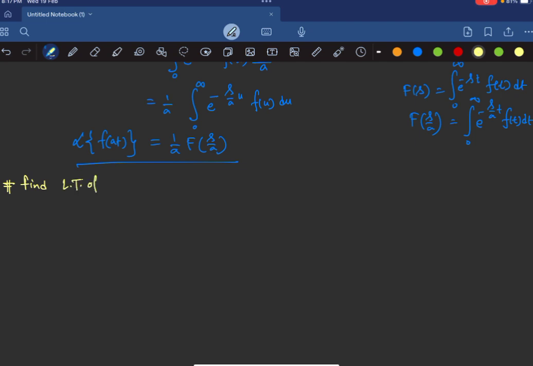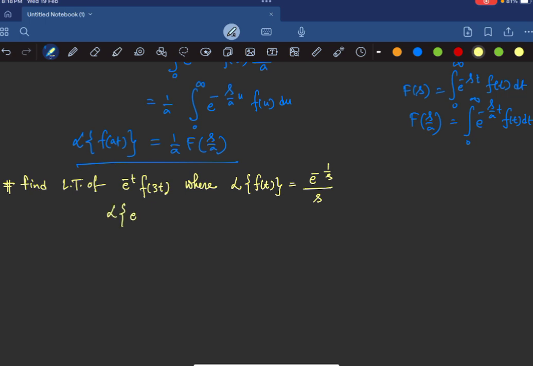Find the Laplace transform of e^(-t) f(3t), where the Laplace transform of f(t) is given as e^(-1/s)/s.